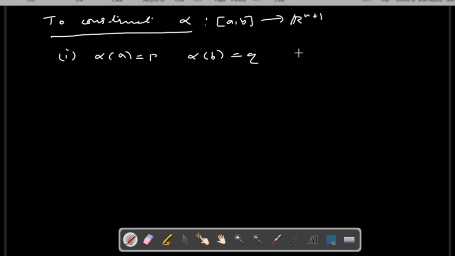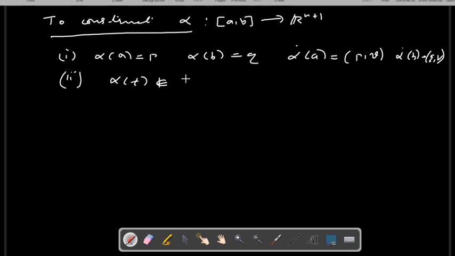With that, alpha dot of a must come as the vector (P, V), and alpha dot of b must come as the vector (Q, V). The second condition is that alpha of t must not be an element of S for all t between a and b. Only at the end points should alpha lie in S; for all the others, it should be outside S.